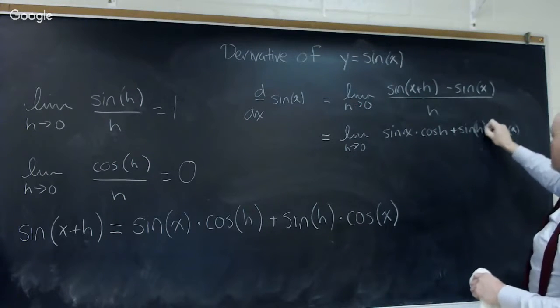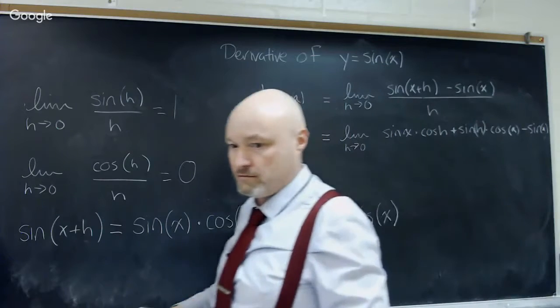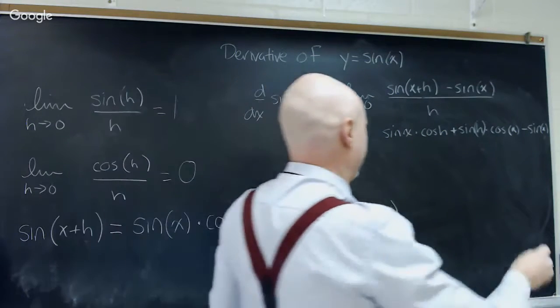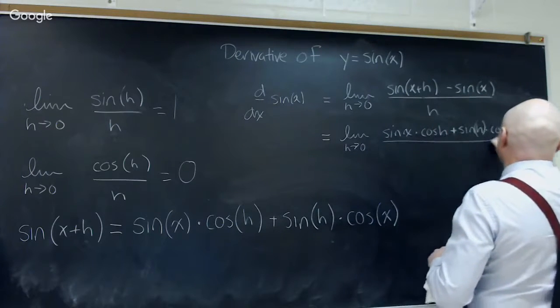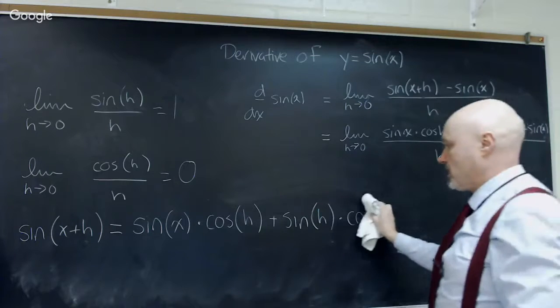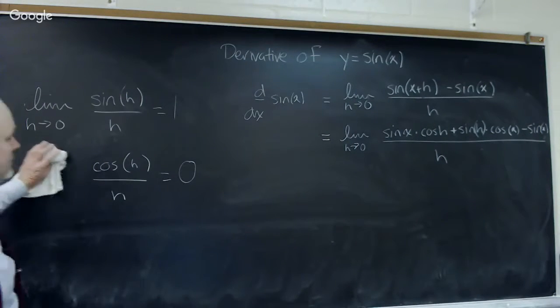I better put a bracket around there. Oh my goodness, I've run out of real estate. Jeff, can you see that edge of the board? Yep. Okay. And then minus sine x, and I better put this whole thing over h.